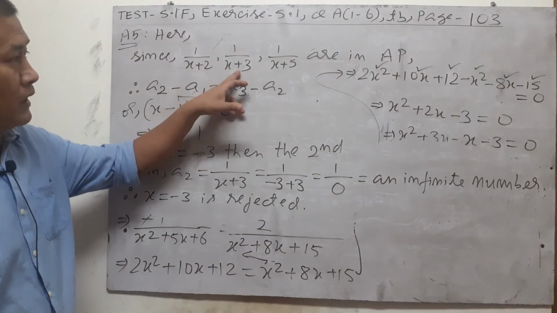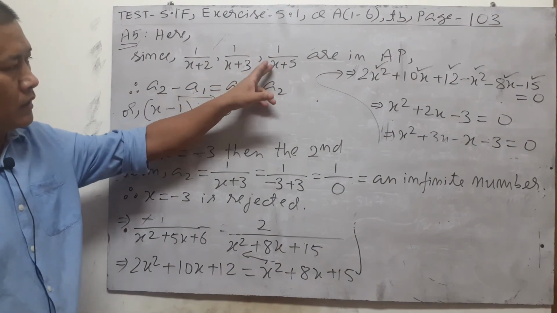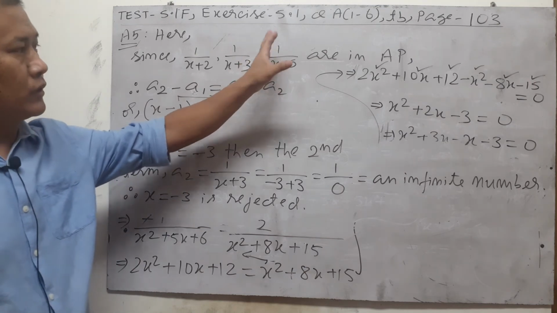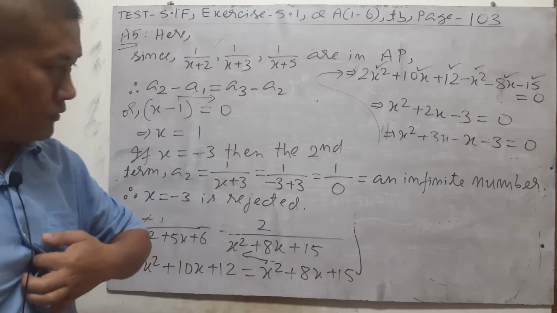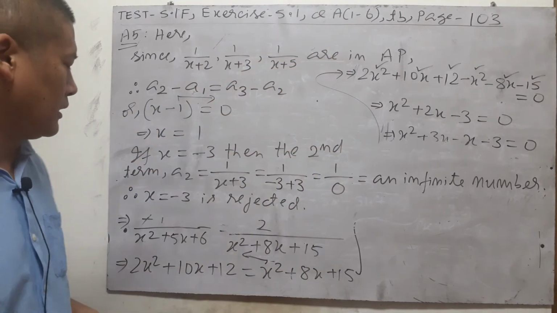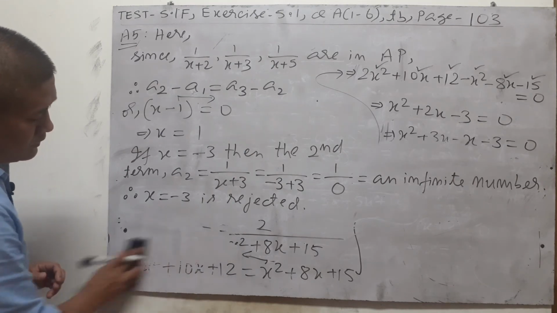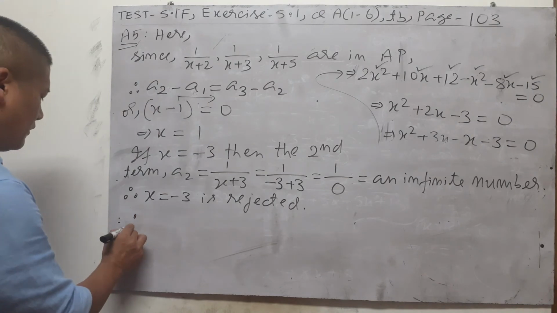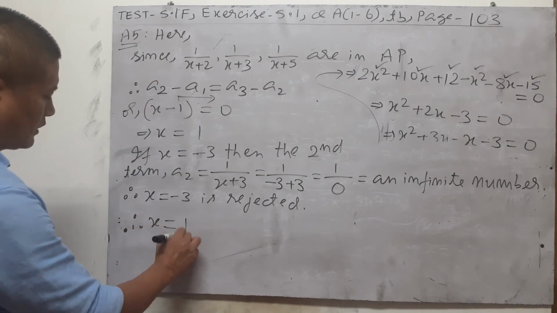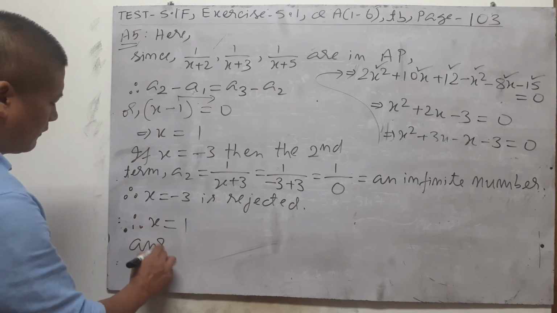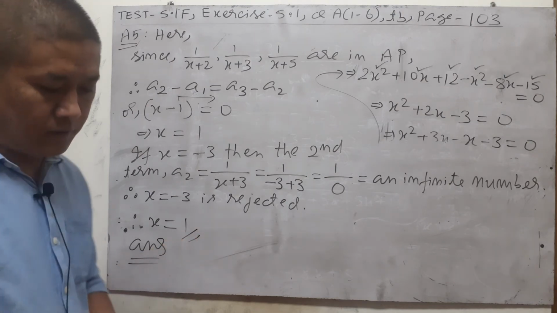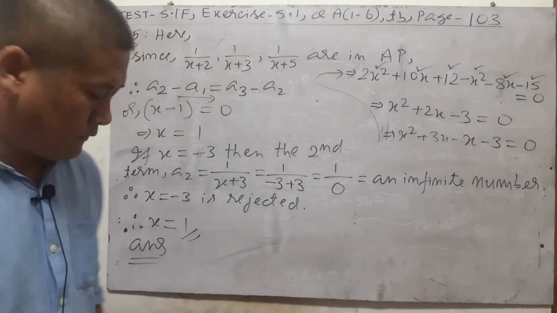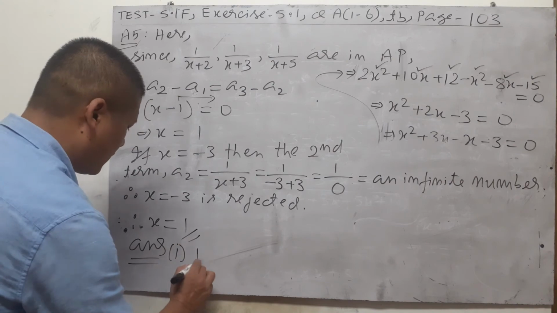If this is infinite, then how does the common difference relate to the second term and we get to the fourth term, right? So that is not practically applicable here, so we reject it. Then we get here, therefore x accepted one is 1. Therefore our right value for x here, they're saying find x, is the first one, number 1, 1.